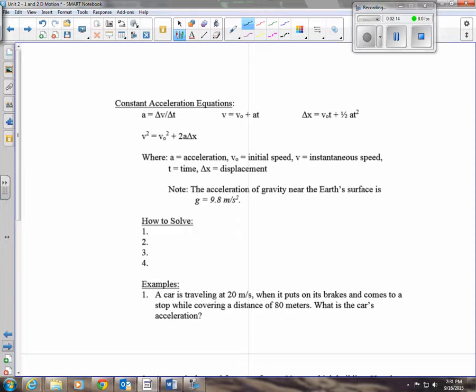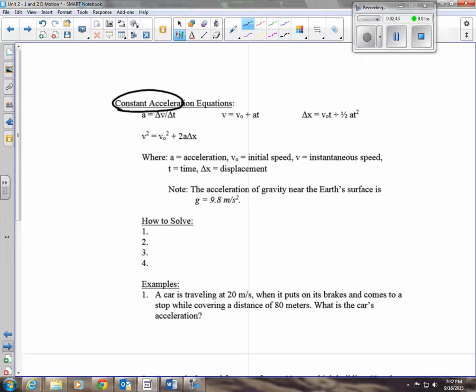Now, if we have constant acceleration, in AP Physics 1 or Regents Physics, all the problems we dealt with were constant acceleration. Eventually, in AP Physics C, we'll be dealing with changing acceleration. But as long as it's constant acceleration, I can use any one of these equations. The symbols in these equations are given here. A is acceleration, V0 is initial speed, and so on.